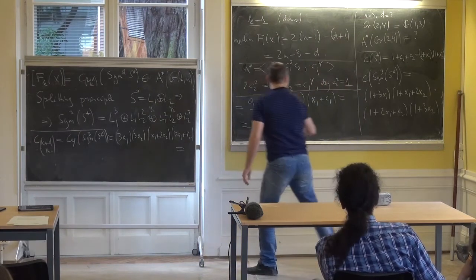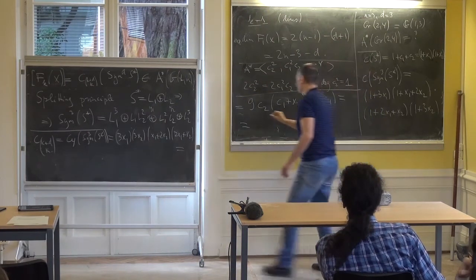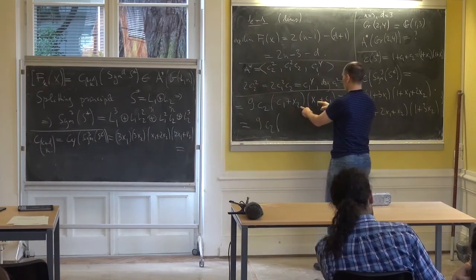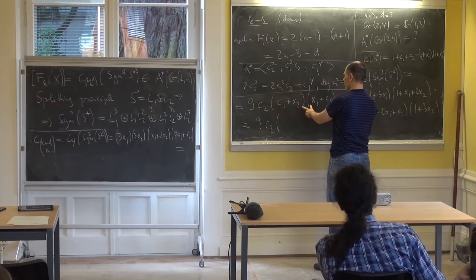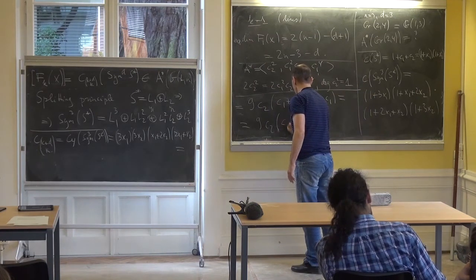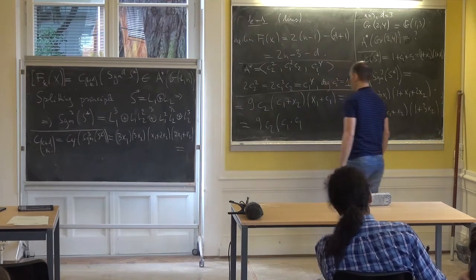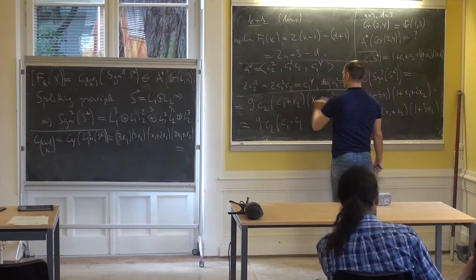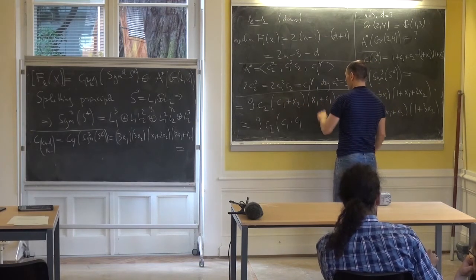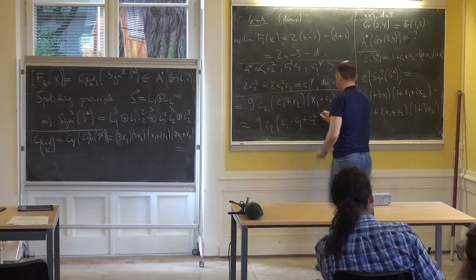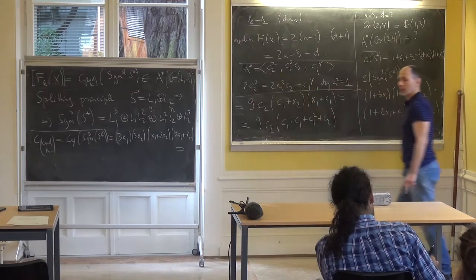So this would be 9 C2 times, multiplying through, X1 plus X2 times C1, which is just C1 times C1, plus C1 squared, plus X1 X2, plus C2. So this is what I get.